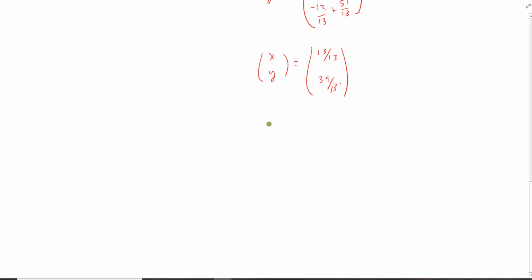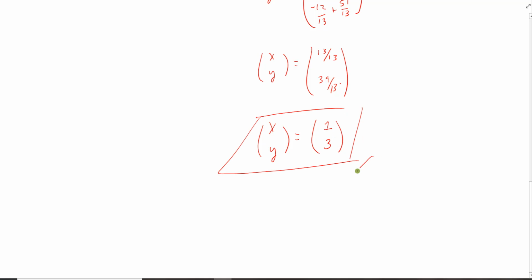And so we find at long last that xy is the column vector 1, 3, which is the same answer that we got in the previous video when we did this with the Gauss-Jordan elimination.